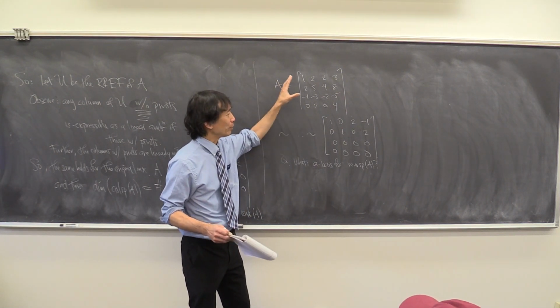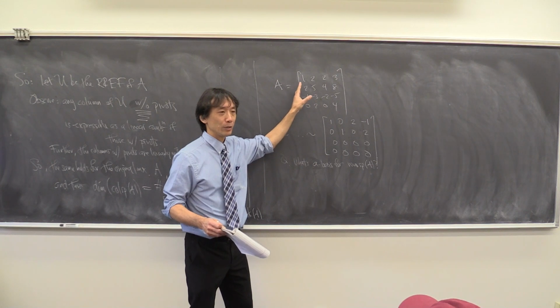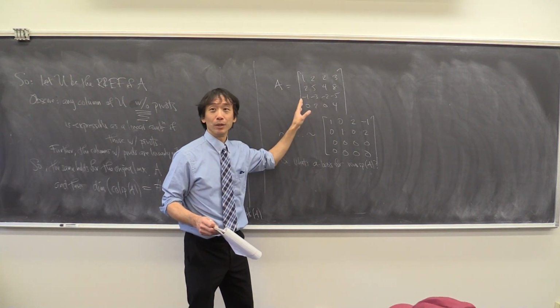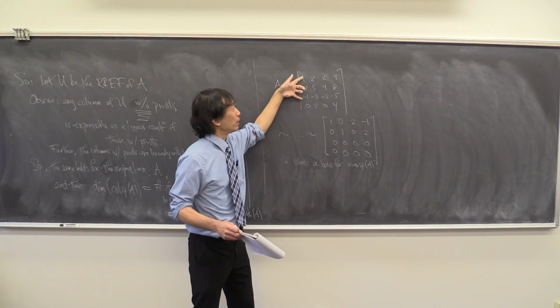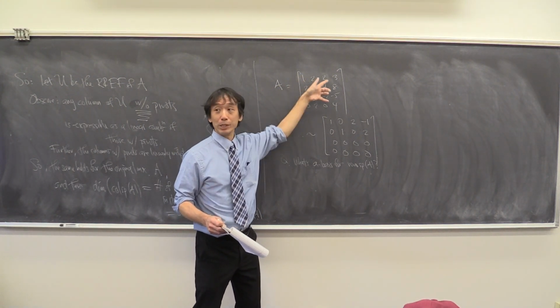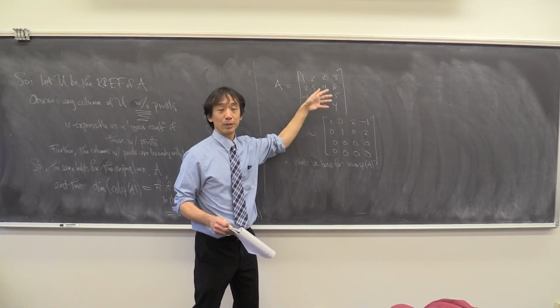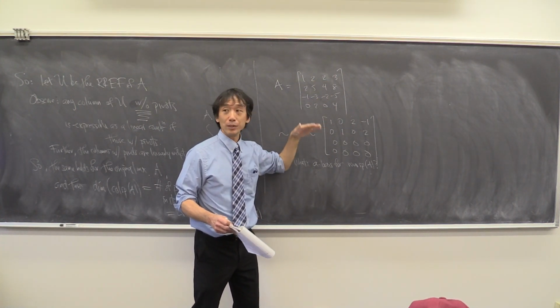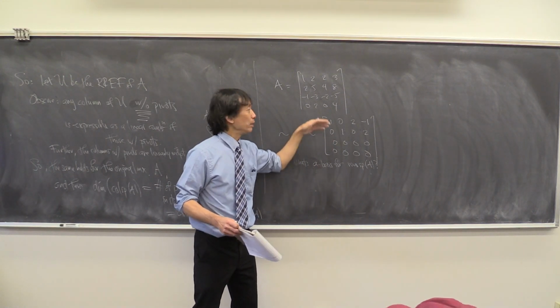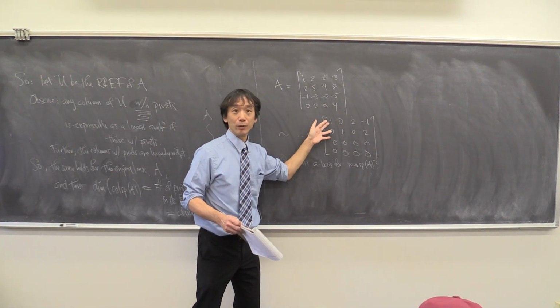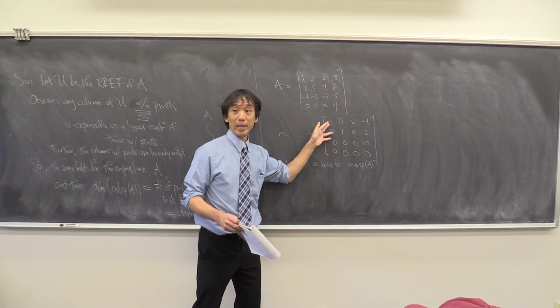Because remember, when you do row reduction, you're not changing the span. We start off with the rows here, and then we do elementary row operations. Doing elementary row operations doesn't change the span. We do so many that we get down to this reduced row echelon form, and we still haven't changed the span.